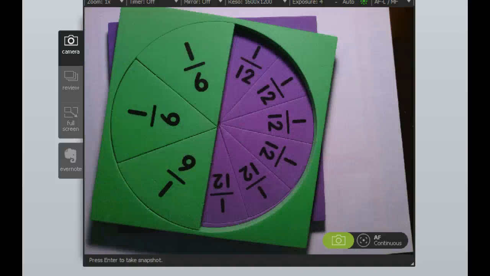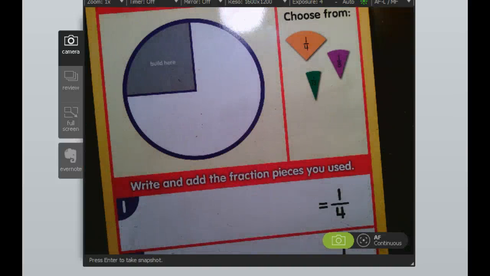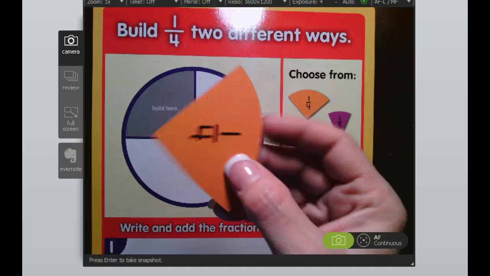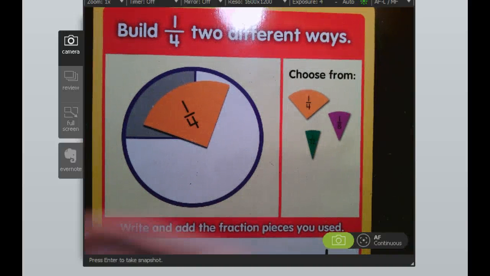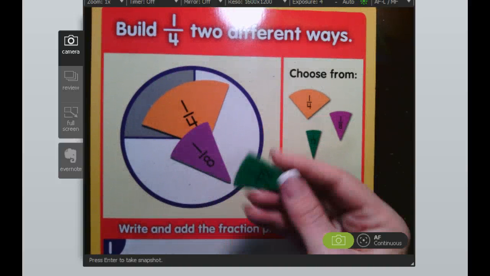So let's head back to our manipulatives here, and it says let's build 1/4 in 2 different ways. And what I'm going to do is get out some pieces of fraction circles that have been cut. So I have my 1/4. I also have my 1/8 pieces, and I also have twelfths.